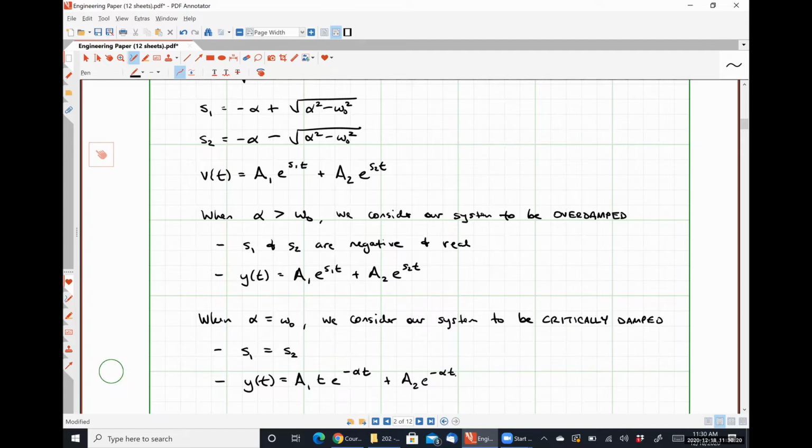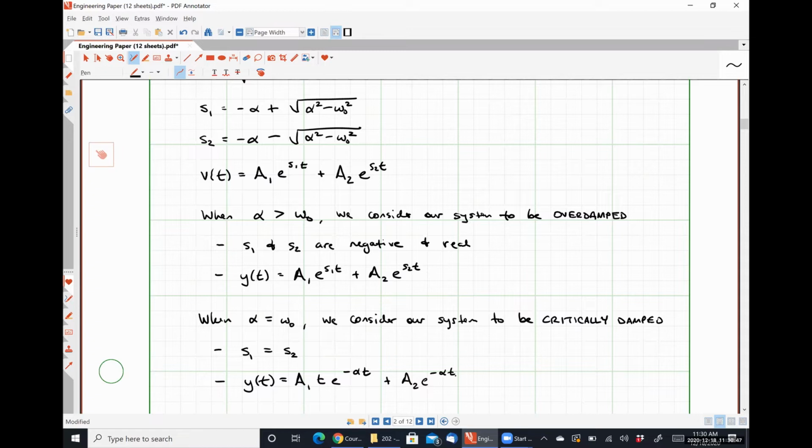The reason why they are raised to the minus alpha is if alpha and omega naught are equal, this guy goes away, right? So S1 is exactly equal to negative alpha and S2 is exactly equal to negative alpha. And so we have to adjust our response slightly to give us a way to solve for these two different initial conditions.